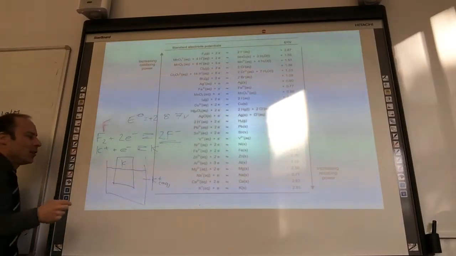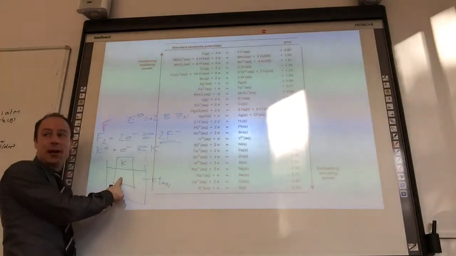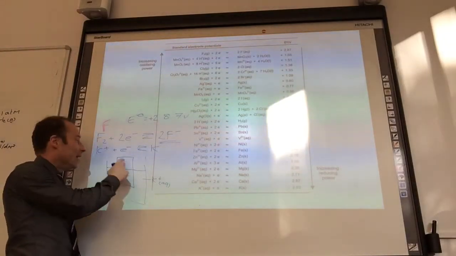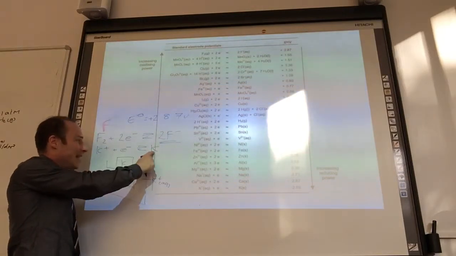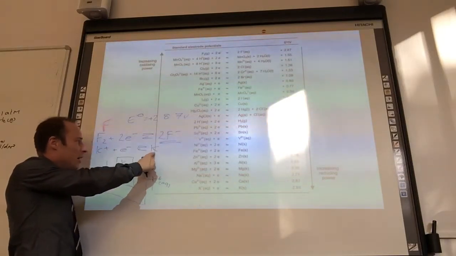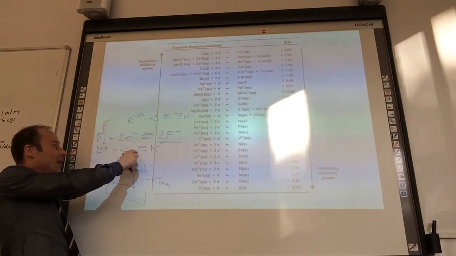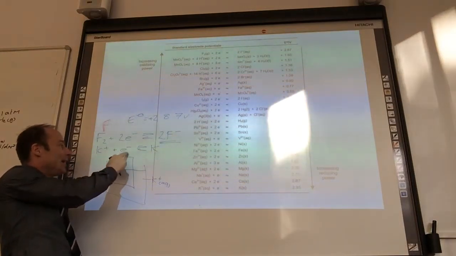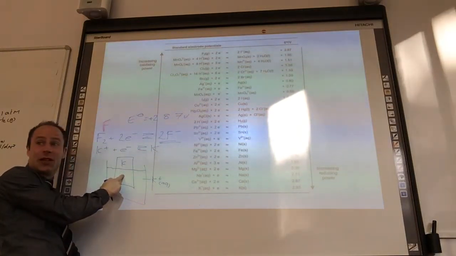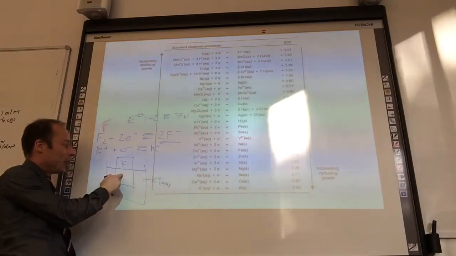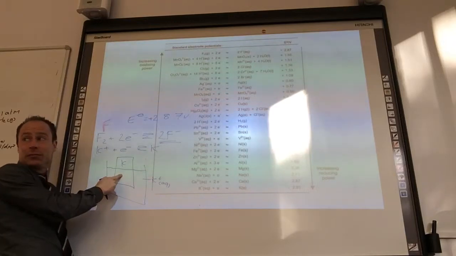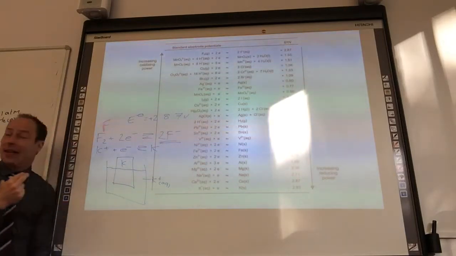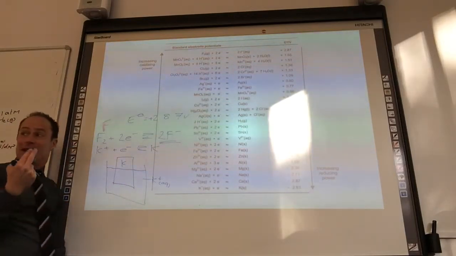That means that lots of electrons have built up on here, because the potassium atoms have shifted this side. It's become a potassium ion and dumped its electron on the electrode. So I've had a big build-up of charge on my electrode. It's telling me how negative that electrode is.